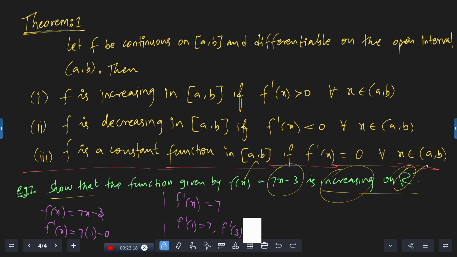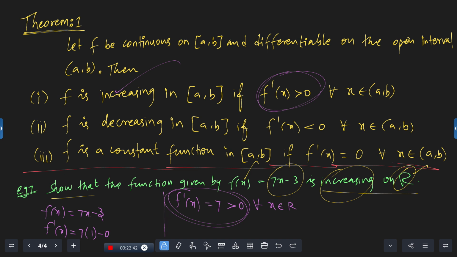Whatever I give, a constant never changes. There is no x variable, how will the value change? It will be as it is. So it will be greater than 0 for all x belongs to the real numbers. From the real numbers you give any value, f dash of x became what? Greater than 0. f dash of x greater than 0.